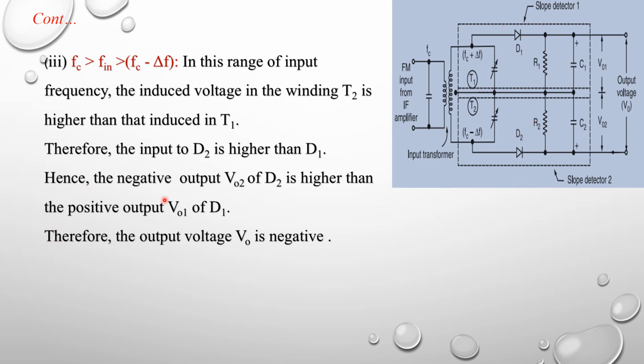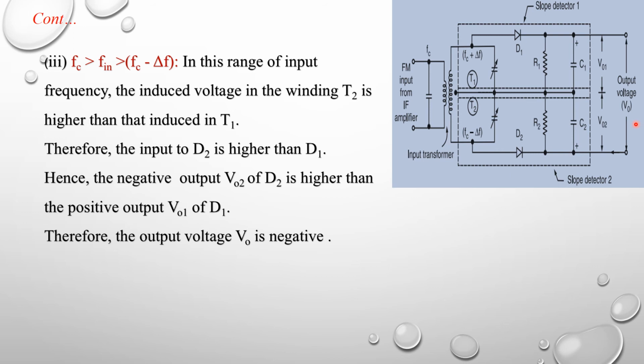Hence the negative output V02 of diode D2 is higher than the positive output V01 of diode D1. Therefore the output voltage V0 is negative. So we know that resulting output voltage V output is equal to V01 minus V02.